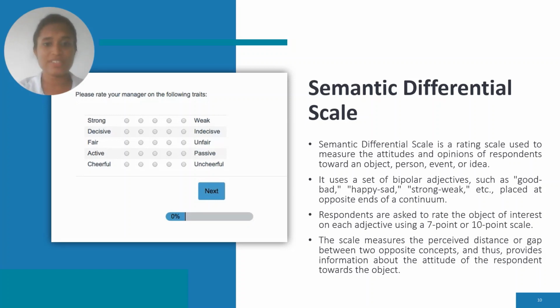It uses a set of bipolar adjectives such as good, bad, happy, sad, strong, weak, and so on. Those are placed at opposite ends of the continuum. Respondents are asked to rate each adjective using 7 or 10 points. So this information also helps us to analyze the attitudes of respondents.